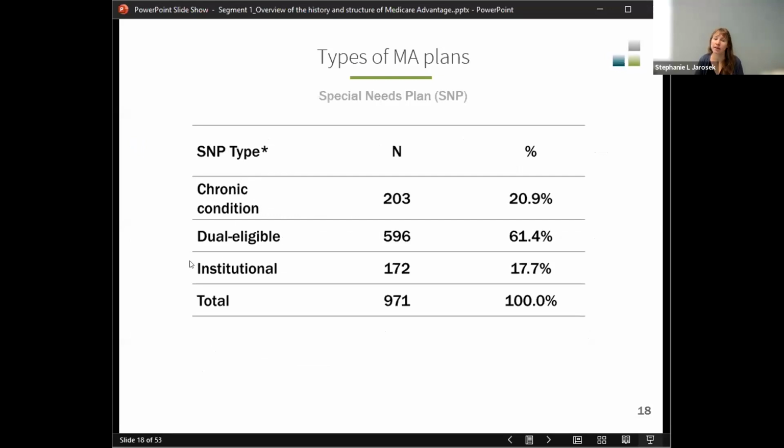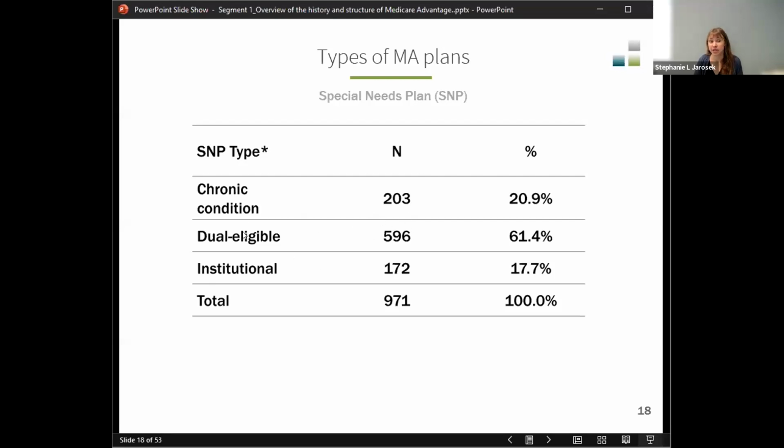And then there are institutional special needs plans. Someone who is using long-term care, in a nursing home, can get a special needs plan as well, depending on if it's available in their area. But the most common are the dual eligible SNPs. SNP is the other way of saying special needs plan.